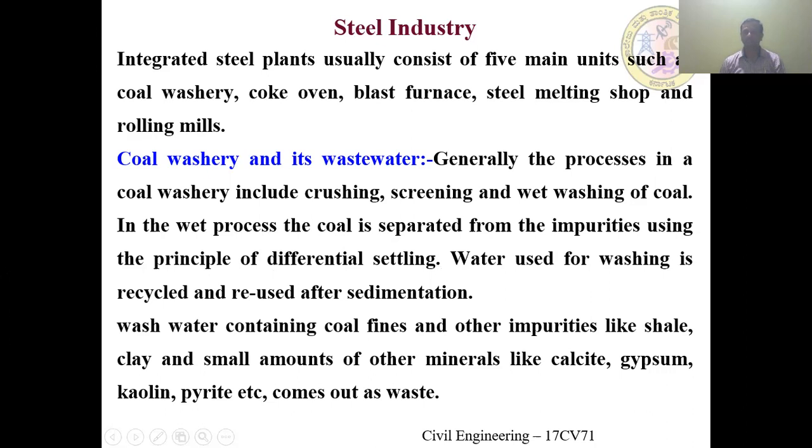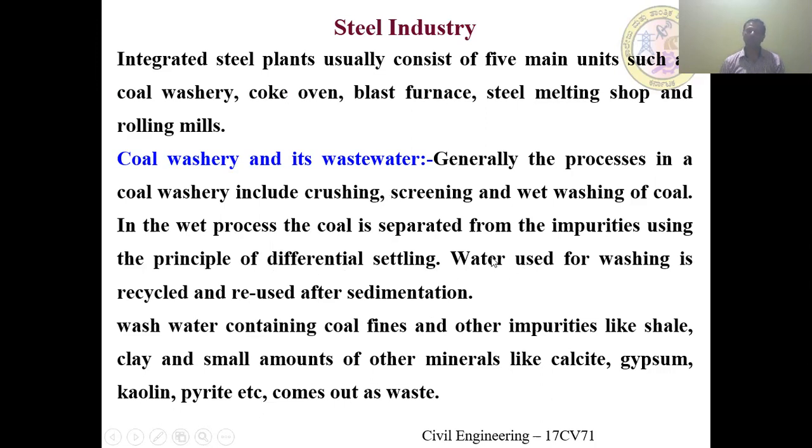So, after crushing, you are going to wash, then separate coke from impurities by means of differential settling. Water used for washing is recycled and reused after sedimentation.